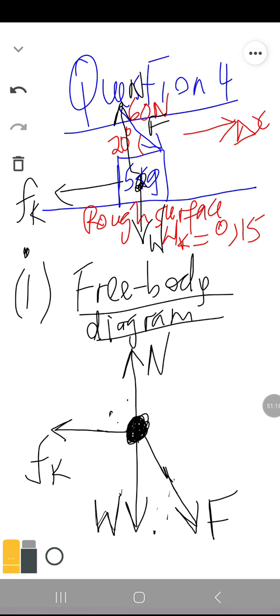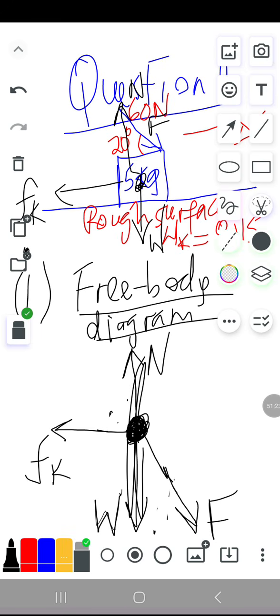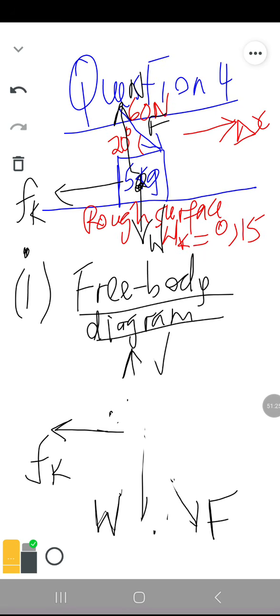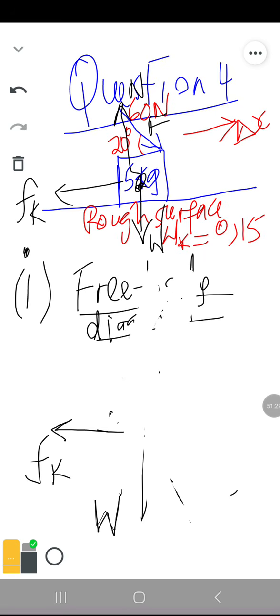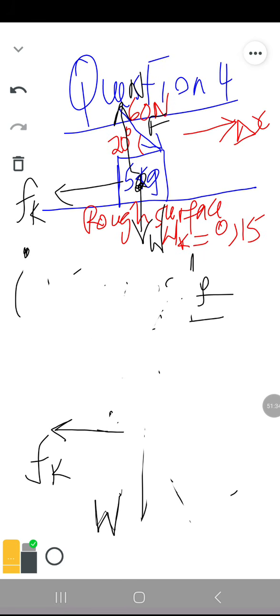Let's go to number 2, whereby we need to calculate our kinetic frictional force, because remember it's moving. So we're looking for Fk here. We're still going to apply the same formula.